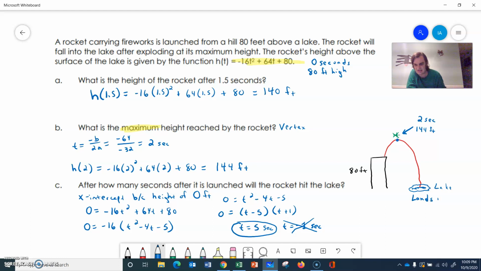It lands in the lake after 5 seconds. So we started on the building. It took 2 seconds to get as high as it would go, and then it took 3 seconds to go down below the building and land in the lake. So a total of 5 seconds from when we launched it, it lands in the lake.